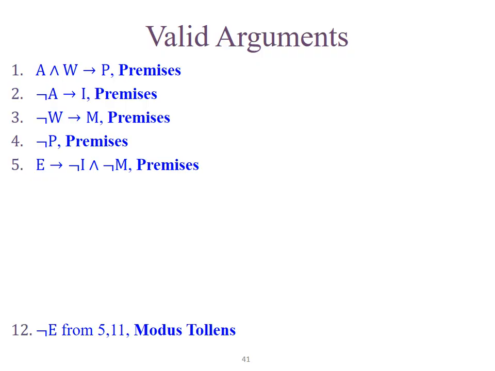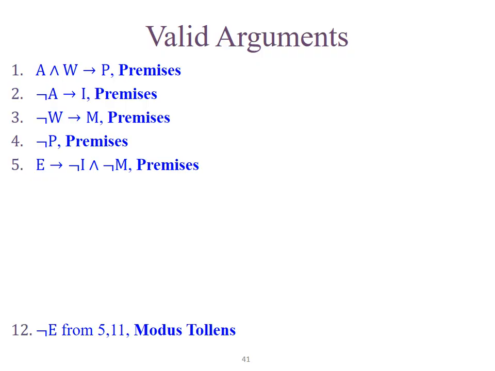So we have not of A and W. Then we can apply De Morgan's law a little bit because we have the parentheses and not. So the fourth step, not A or not W. So that's the result we get by applying premises 1 and 2.